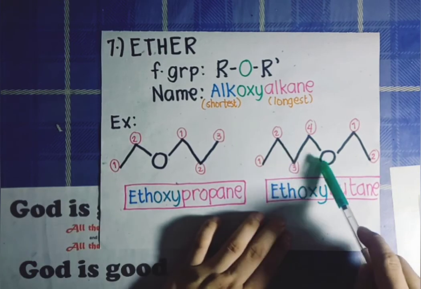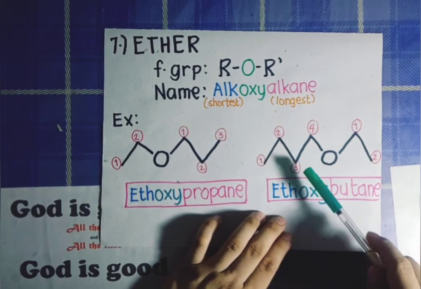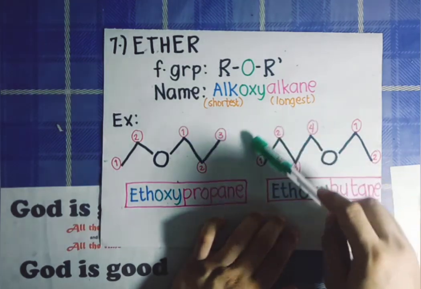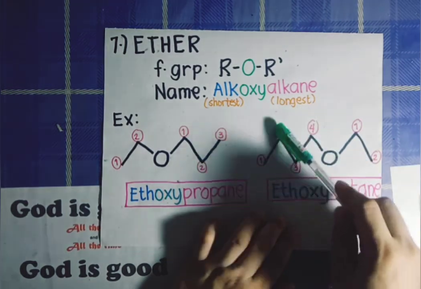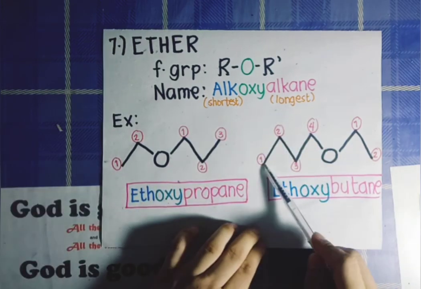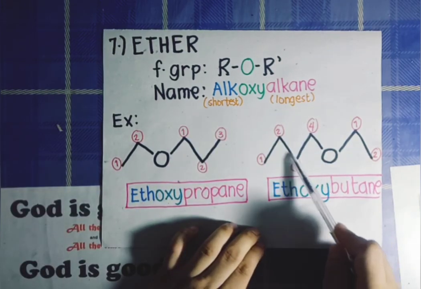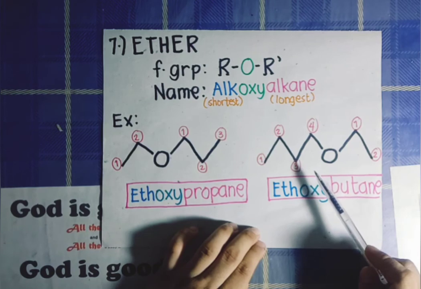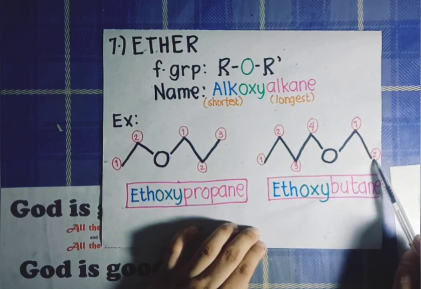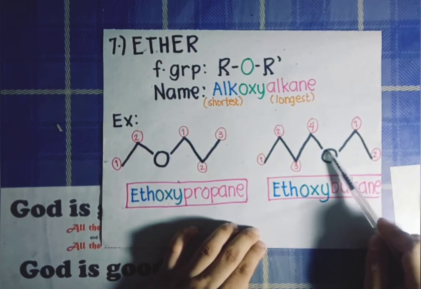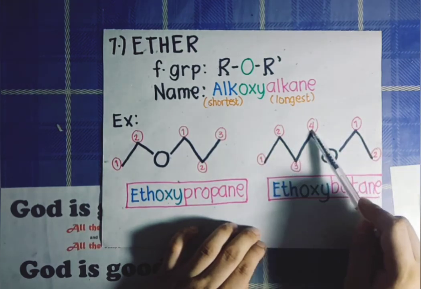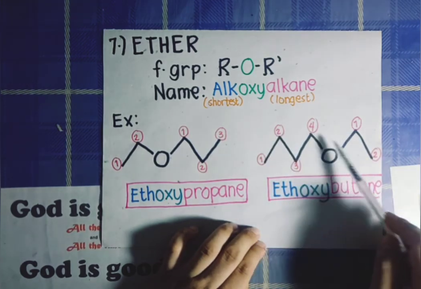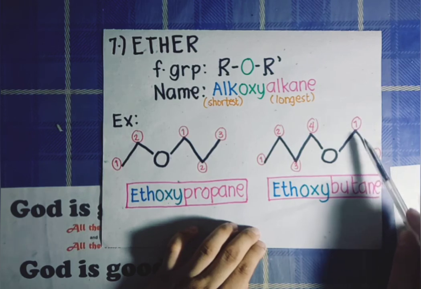Another one is this one. For this one, we have here 2 chains of carbon, this side and this side. For the first chain, we have here 1, 2, 3, 4 carbon atoms. And for the second chain, we have here 1, 2. Okay, and between them is of course oxygen. Now for the first chain, we have here 1, 2, 3, 4, that's butane, right? And for the second chain, 1, 2, that's ethane.